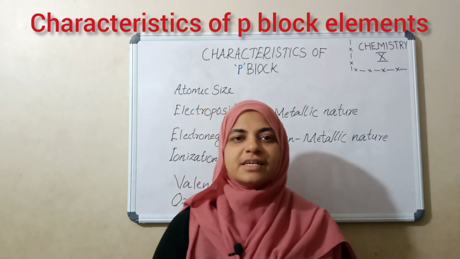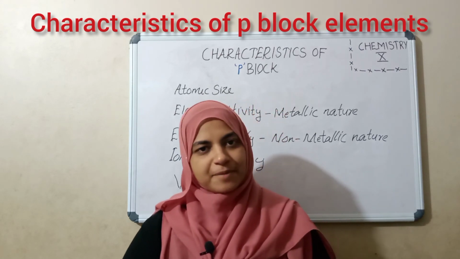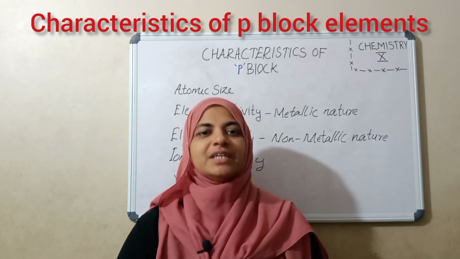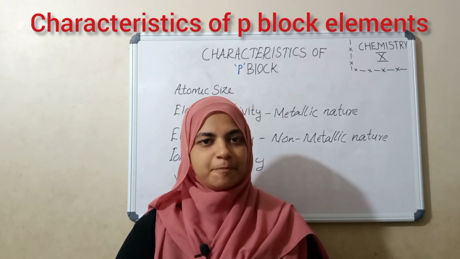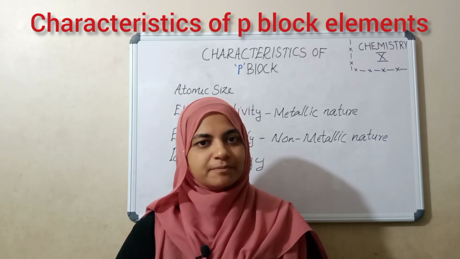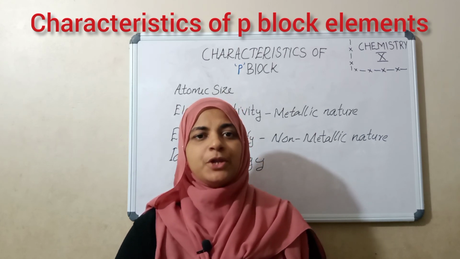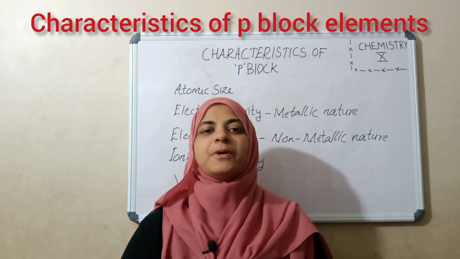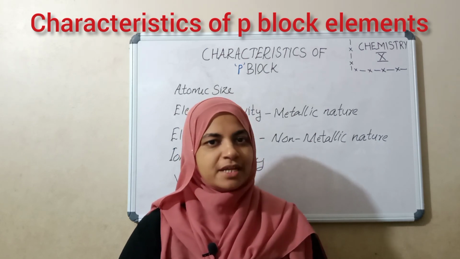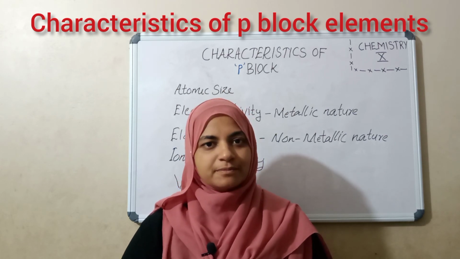Next, we can discuss the p block elements. Which are p block elements? Elements in which the last electron is filled in the p subshell are included in the p block. In the modern periodic table, groups 13 to 18 are included in the p block.